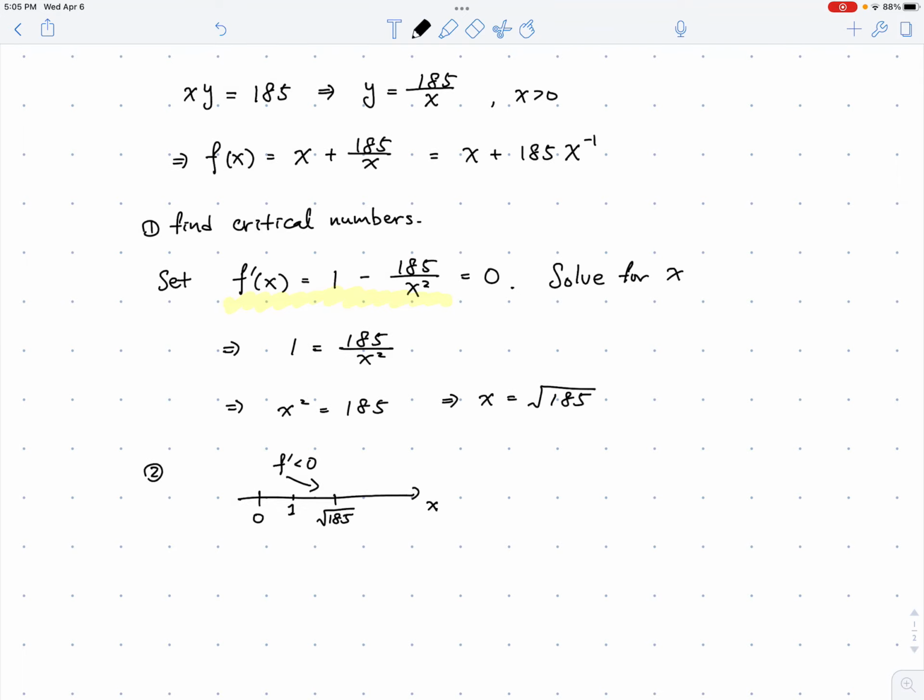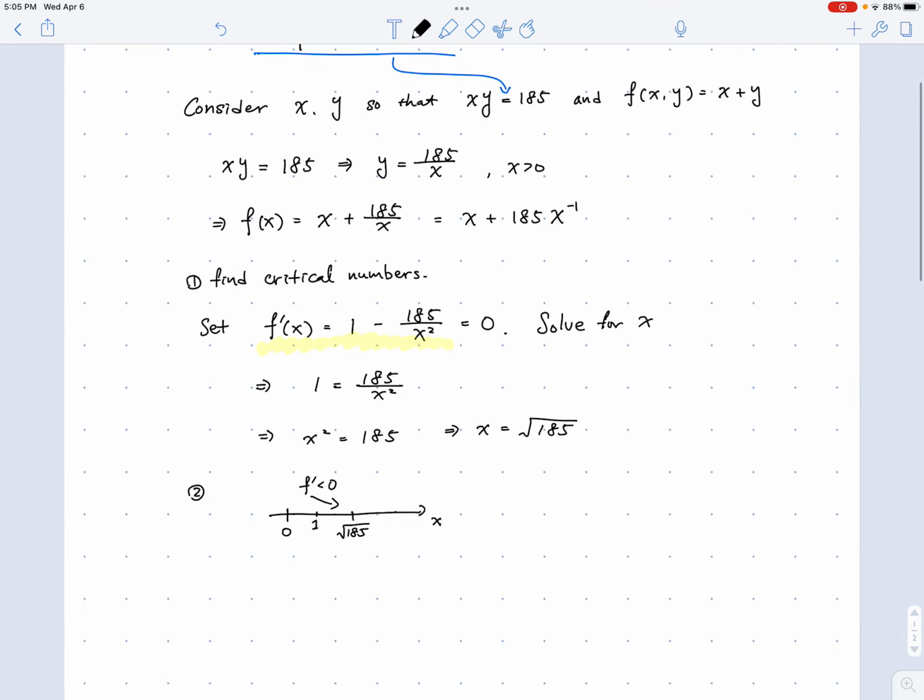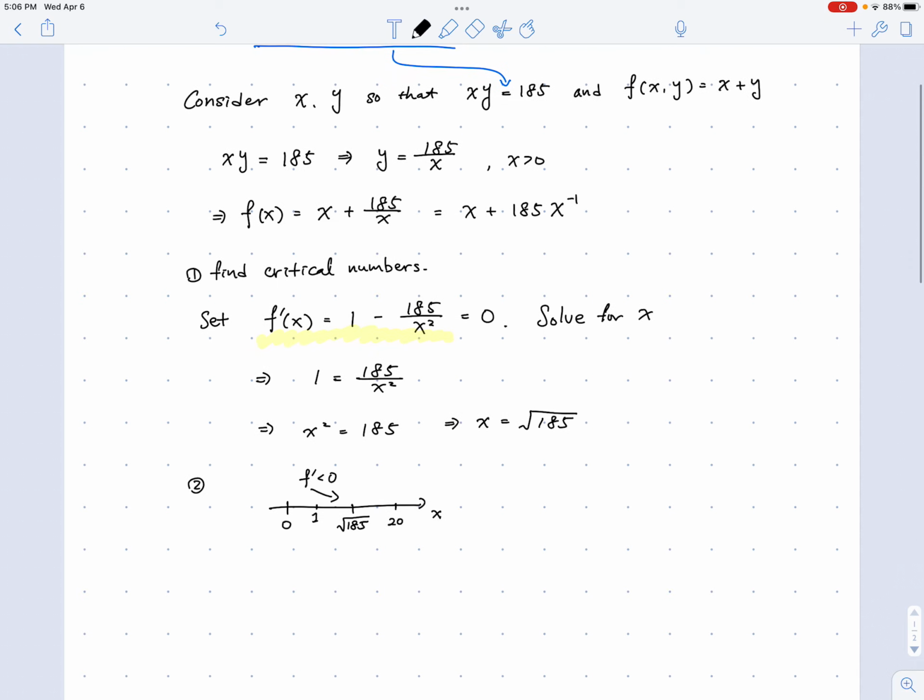All right, so then we can pick a number on the right. Let's say x is equal to what number is good? 20. Okay, so 20 is bigger than square root of 185. When you plug the 20 into f prime, you have 1 minus 185 over 400.